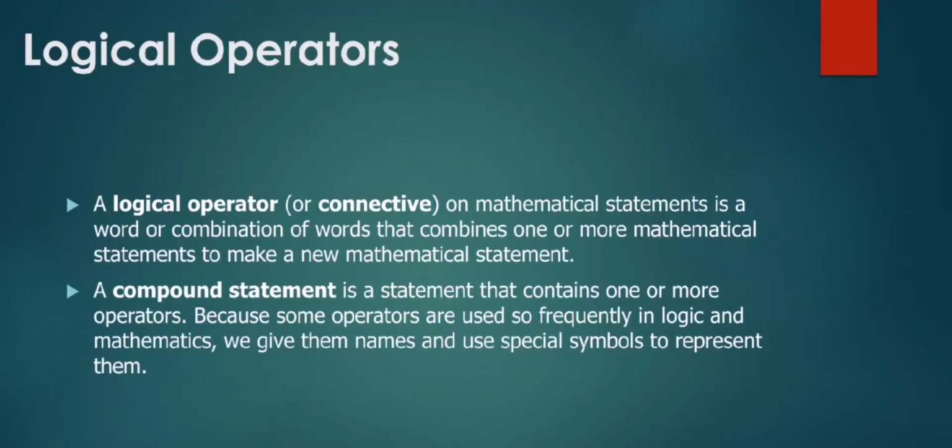A logical operator or connective of mathematical statements is a word or combination of words that combines one or more mathematical statements to make a new mathematical statement. A compound statement is a statement that contains one or more operators. Because some operators are used so frequently in logic and mathematics, we give them names and use special symbols to represent them.